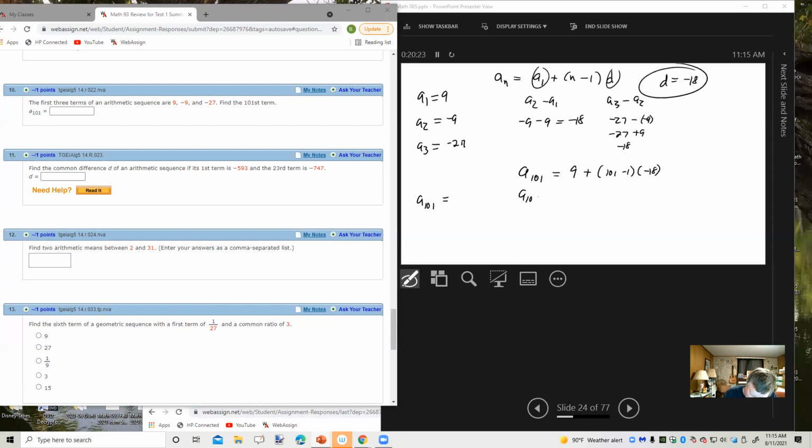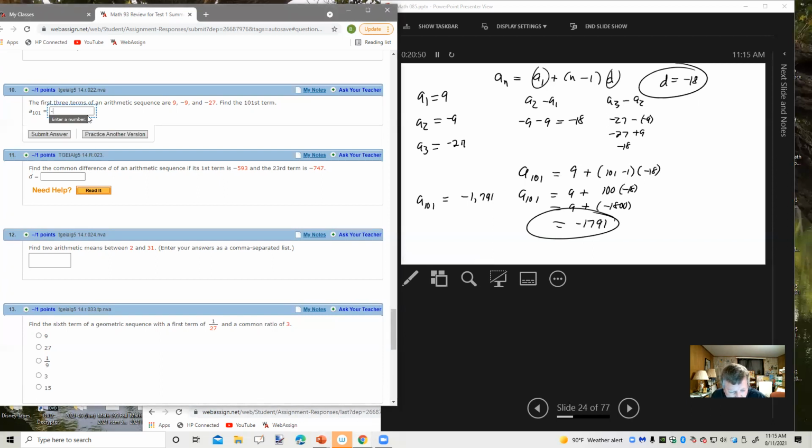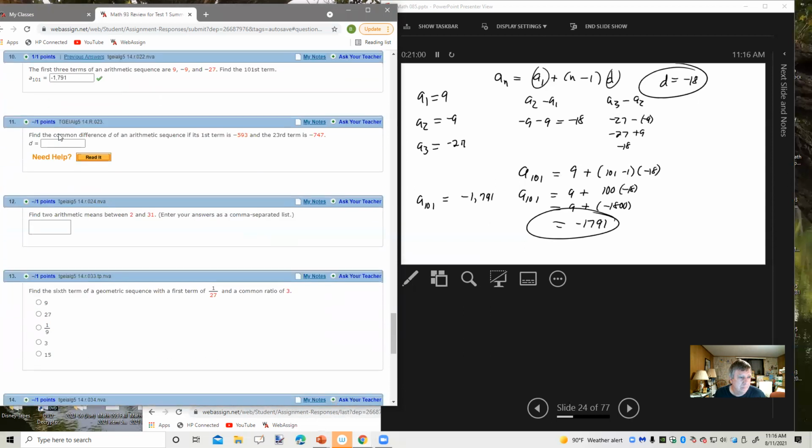So a sub 101 equals 9 plus 101 minus 1, which is 100, times -18, so 9 plus -1800, which is -1791, I do believe. Let's plug that in and see what happens. Negative 1,791. All righty.